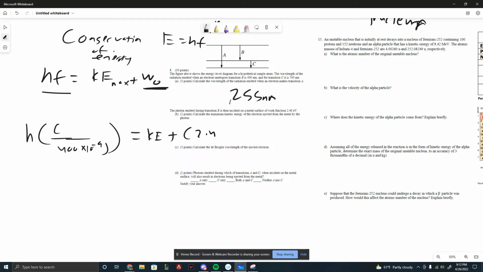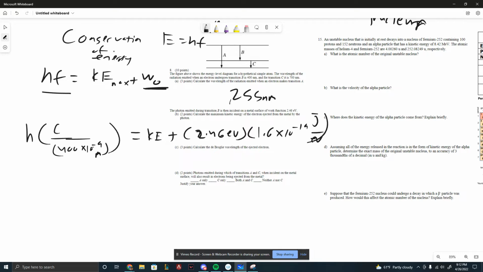Keep in mind, everything here is in joules, so you'll have to convert. So 2.46 eV times 1.6 times 10 to the negative 19 joules per electron volt.